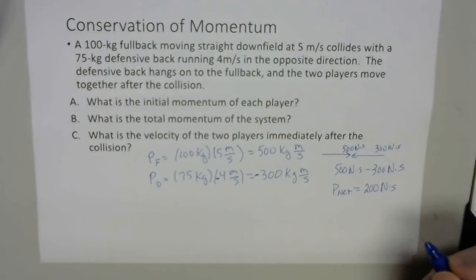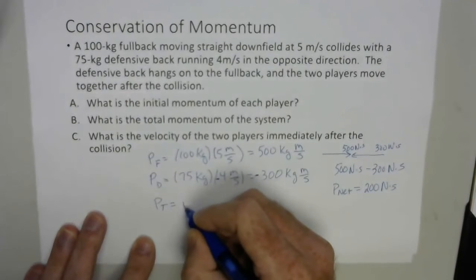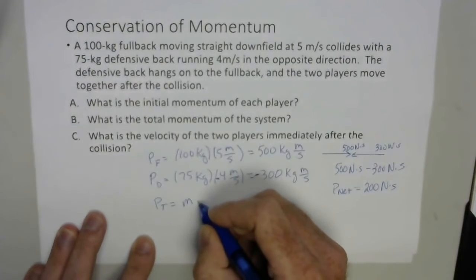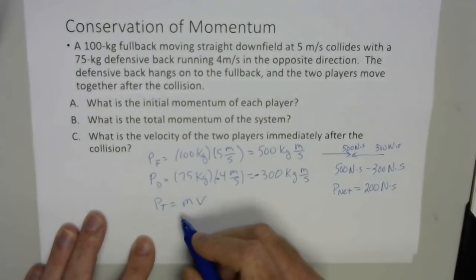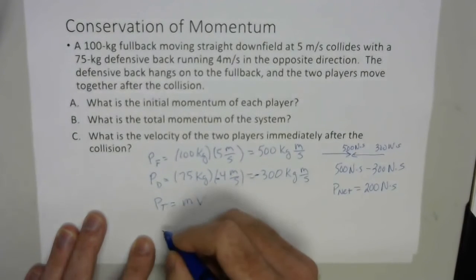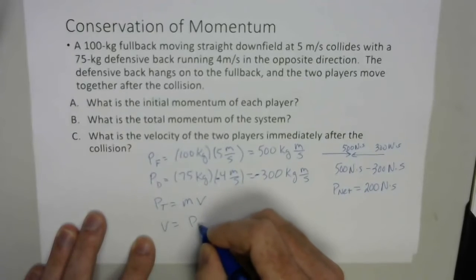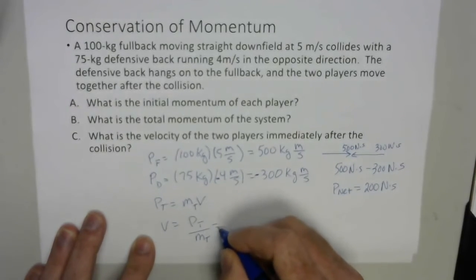So if that's the net momentum, what's the velocity of the two players afterwards? Our total momentum is equal to the mass times the velocity. Now we know the momentum, and we know the total mass because it's the two put together. So velocity is going to equal the total momentum divided by the total mass of both players together.